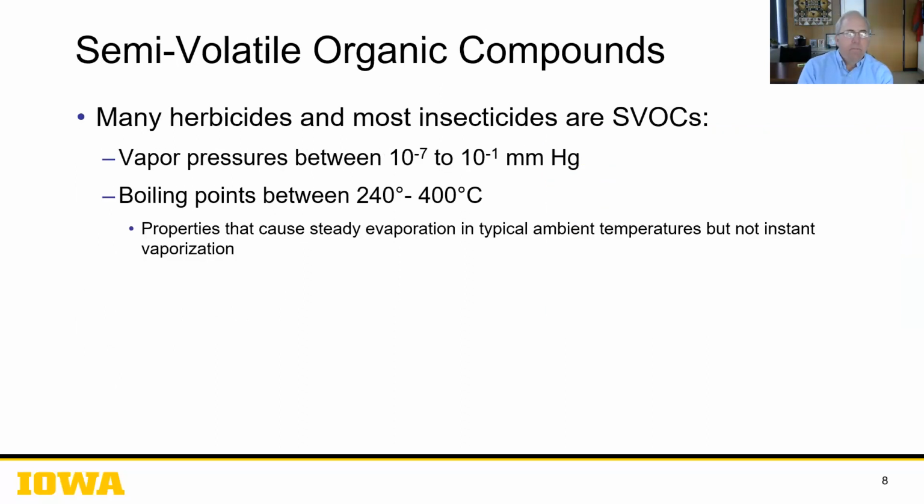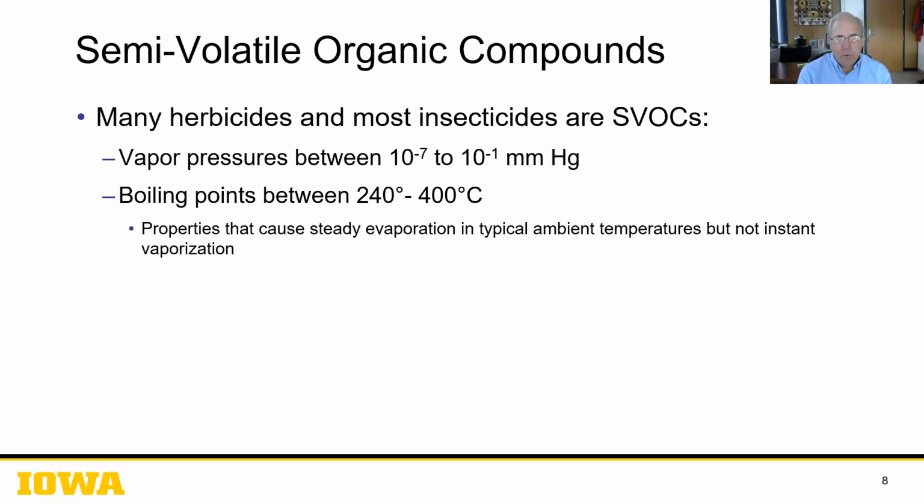So I need to go into a little bit of physics here now, so I hope you don't mind, to bring us all up to speed on what it is we're dealing with in terms of the physical characteristics of most insecticides and many herbicides. They can be thrown into this general category of semi-volatile organic compounds, SVOCs.